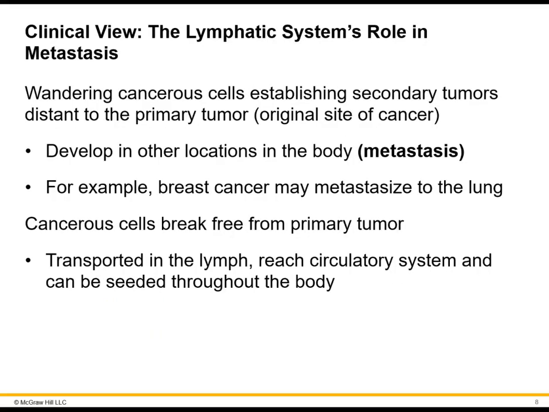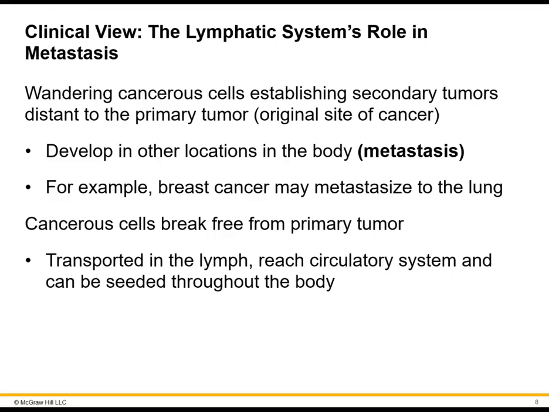Okay, what role does the lymphatic system play in metastasis? And what exactly is metastasis? Well, wandering cancerous cells can establish secondary tumors distant to the primary tumor, that is the original site of the cancer. And when these cancerous cells develop in other locations in the body, this is called metastasis.